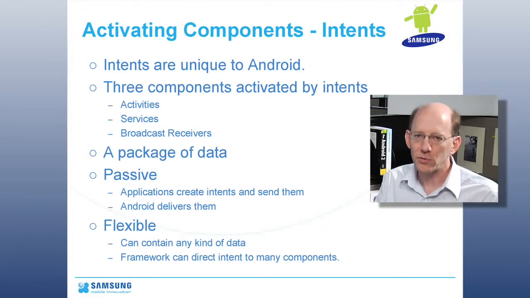So the three components that are activated by intents are the activities, services, and broadcast receivers. The content providers we already talked about are attached to in different ways. One other thing that's important to know about an intent is that they're actually really flexible.